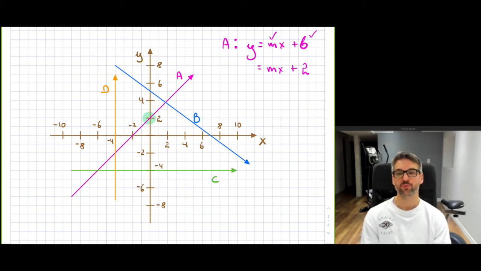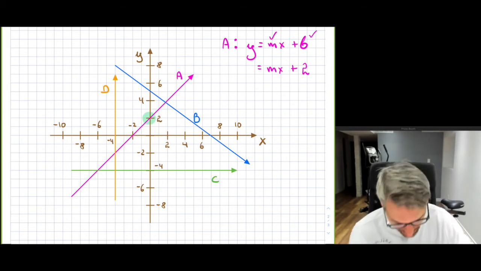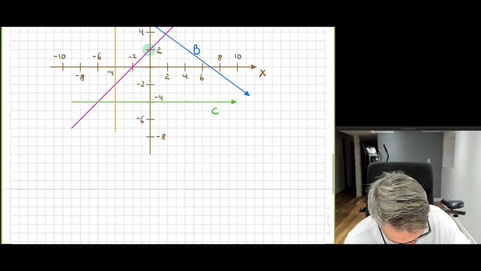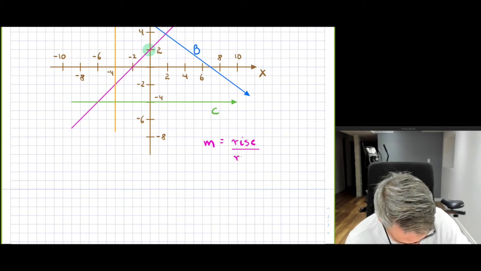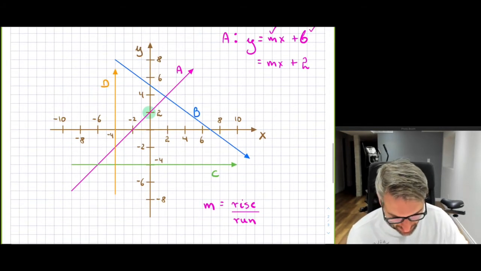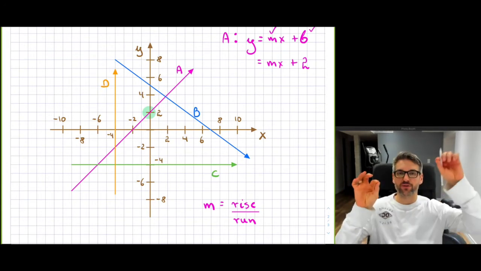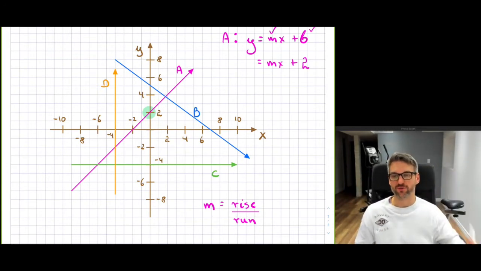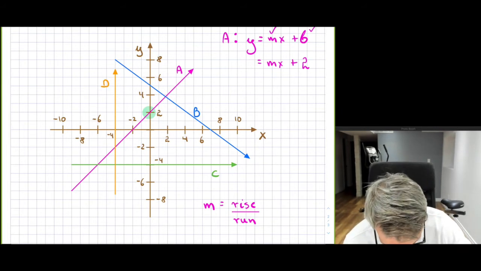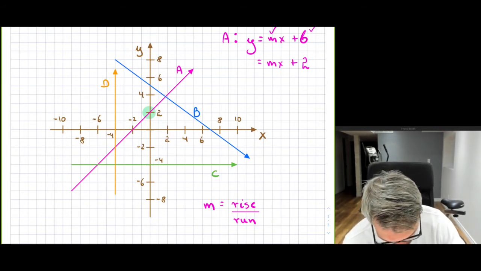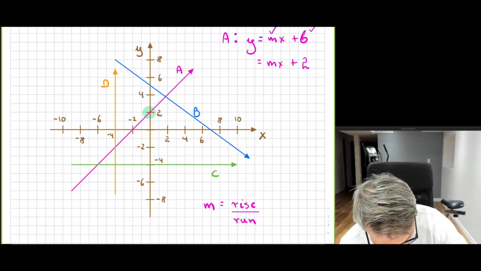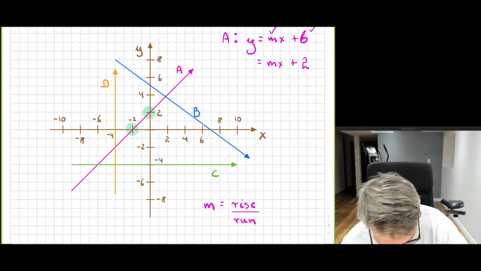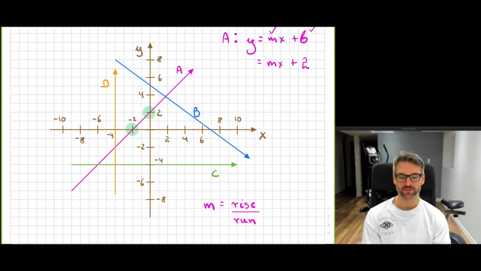Now my slope, which is just rise over run, is equal to rise all over your run, and you can pick any two points on that line and then see what the rise over run is. For example, I'm going to conveniently pick this one, because I noticed that this particular line goes through -2 as my x-intercept and 2 as my y-intercept.